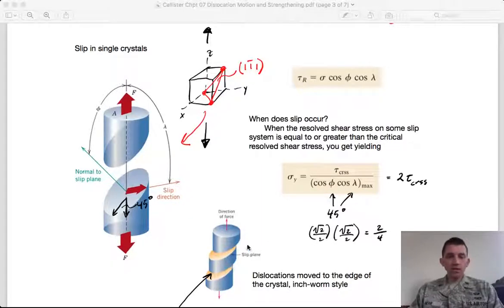This kind of looks like shifting like a stack of pennies or something, right? So we get slipping along these slip planes, not necessarily perpendicular to the applied force.